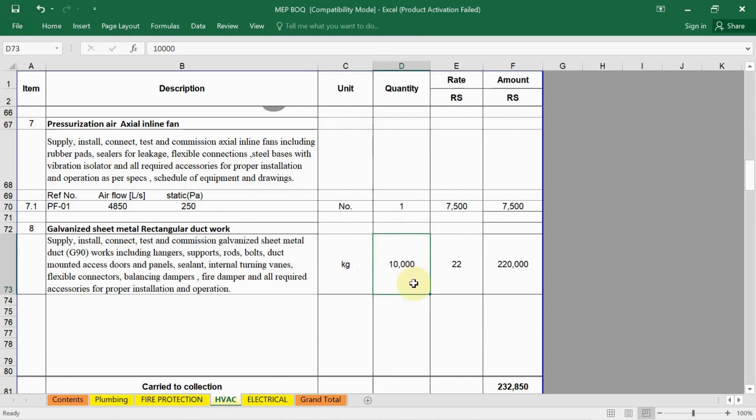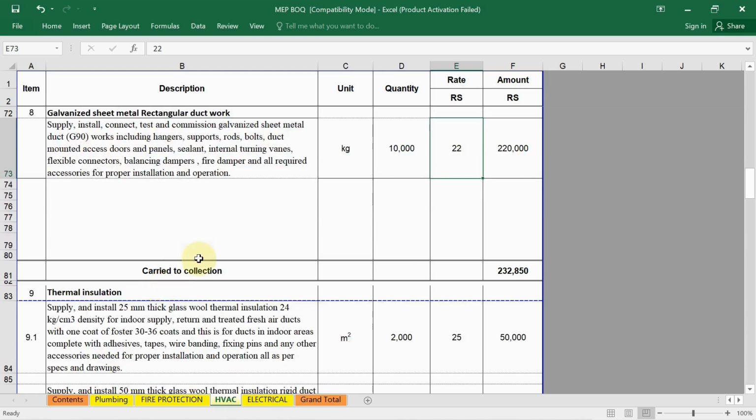Okay, how to calculate the material takeoff quantity, all that I have explained in the manual also and in the Excel sheet. So you can enter that total quantity whatever you have got, and the market price of 1 kg of rectangular duct, galvanized sheet metal, so you will get the price.